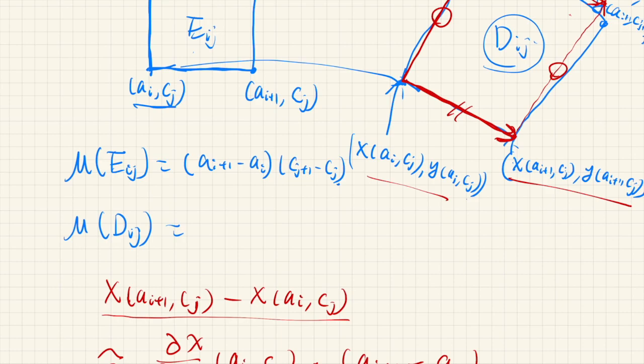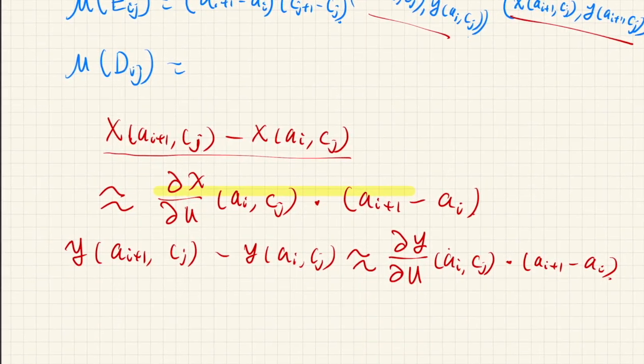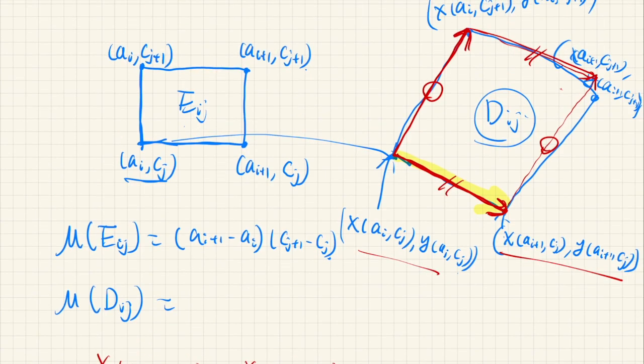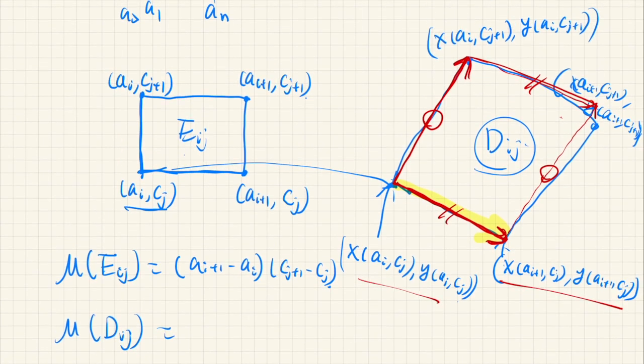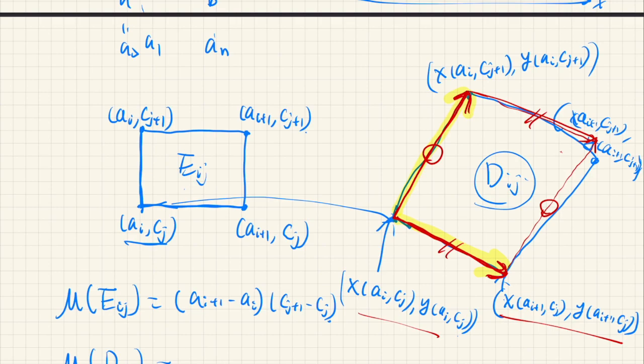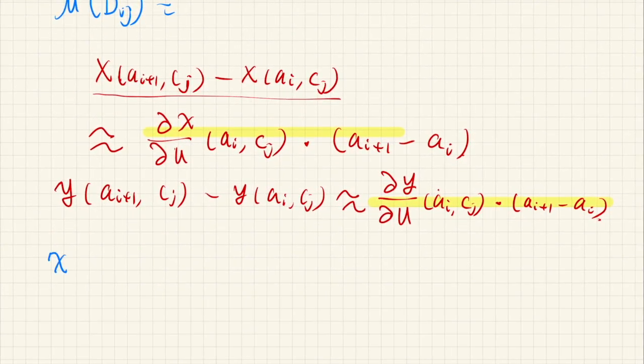So the x component of this vector is this, and the y component of the same vector is this. And we do a similar thing for this vector. And for that, let's use blue here. We take the difference between this and this, so that is x(ai, cj+1) minus x(ai, cj).